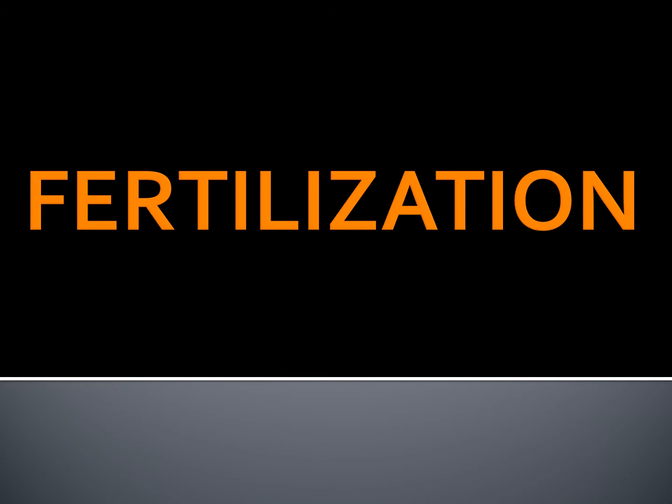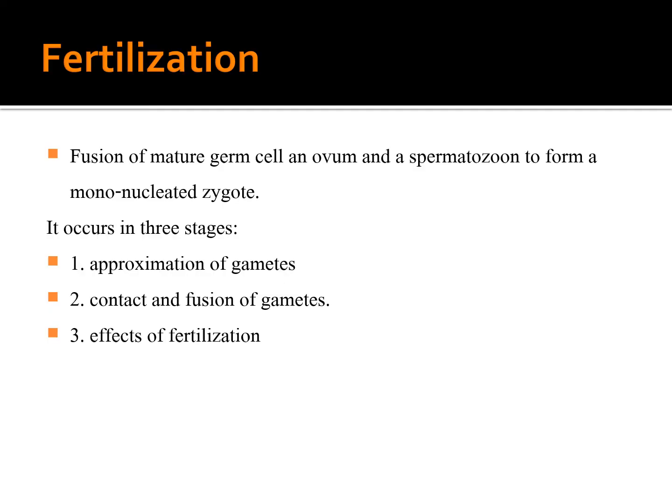In today's video, we are going to learn about fertilization. What is fertilization? Fertilization is the fusion of a mature germ cell, the ovum, and a spermatozoon to form a mononucleated zygote.